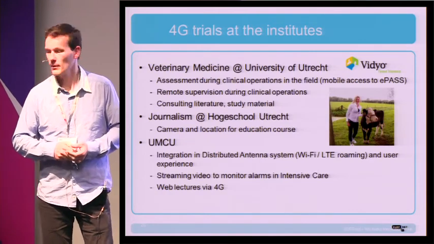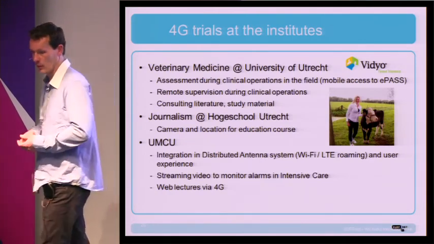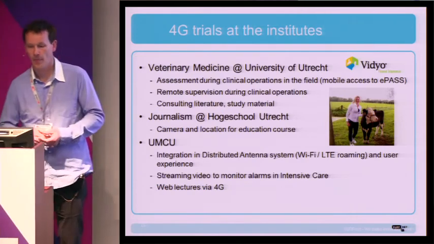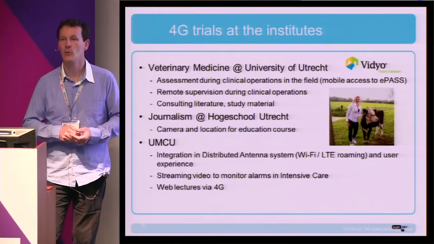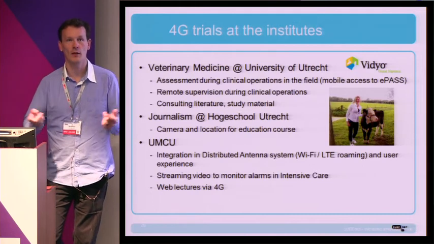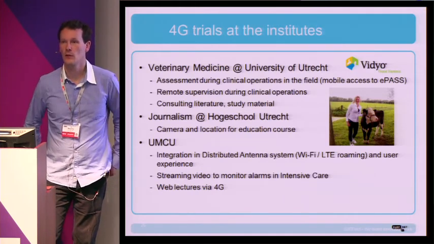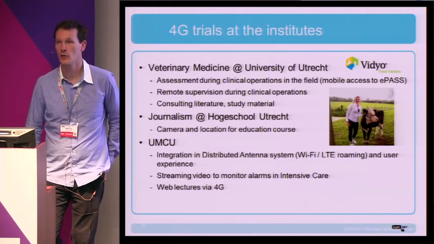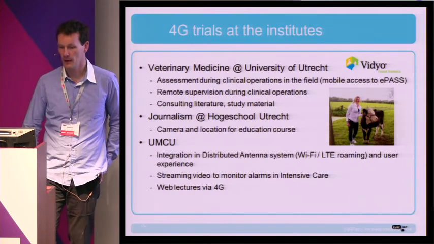So that's the idea about that. Also web lectures, of course, and they have a distributed antenna system within their buildings, and they want to see whether it's possible to have 4G and eduroam combined there.